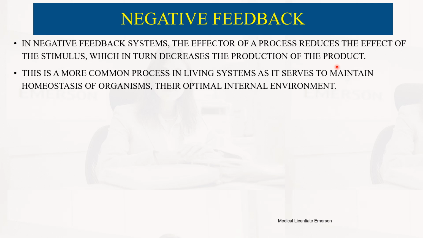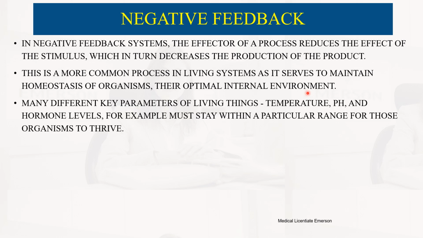Then this is a more common process in living systems, as it serves to maintain homeostasis of organisms, their optimal internal environment. Many different key parameters of living things, such as temperature, pH, and hormone levels, for example, must stay within a particular range for those organisms to thrive.